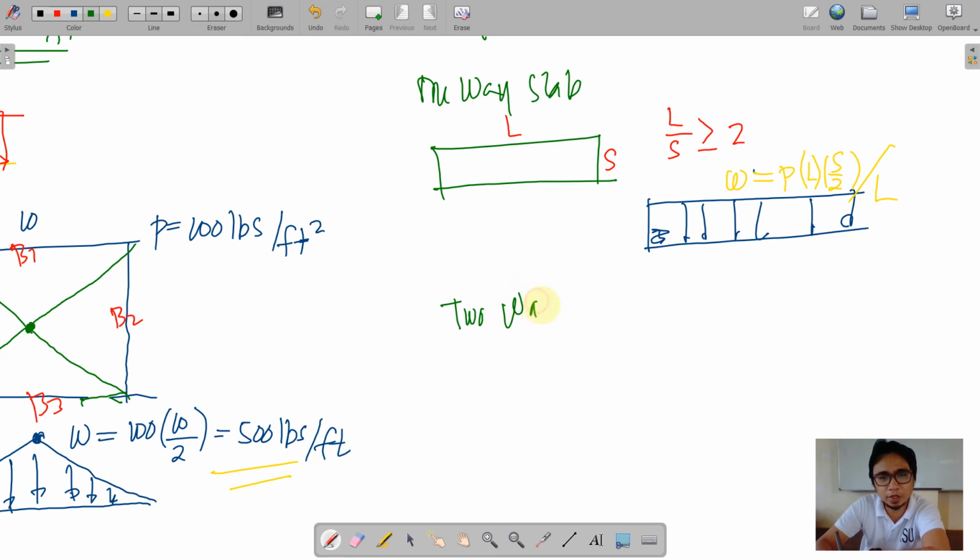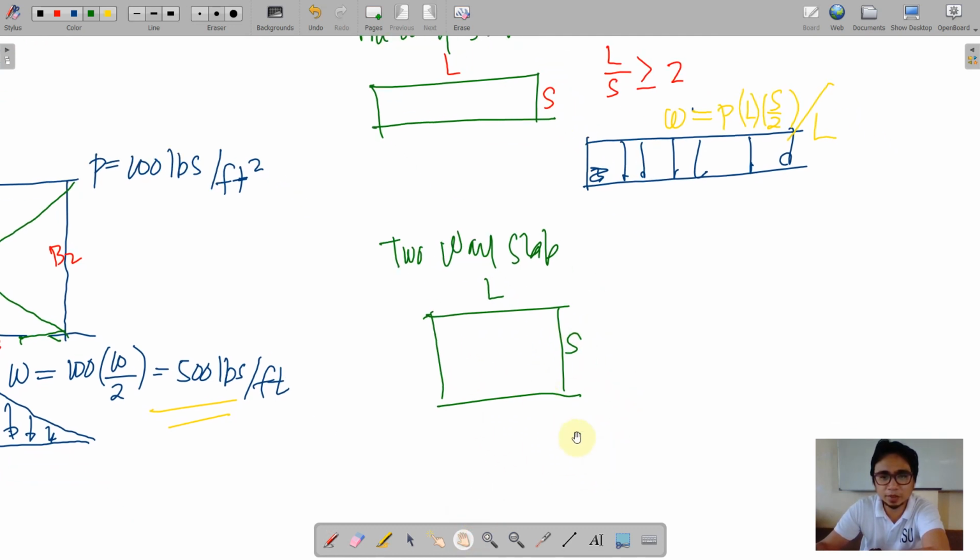We have two-way slab here. If we have a two-way slab, it will look like more on square type, but there will be a slight difference on L over S, wherein the criteria is that L over S is less than 2.